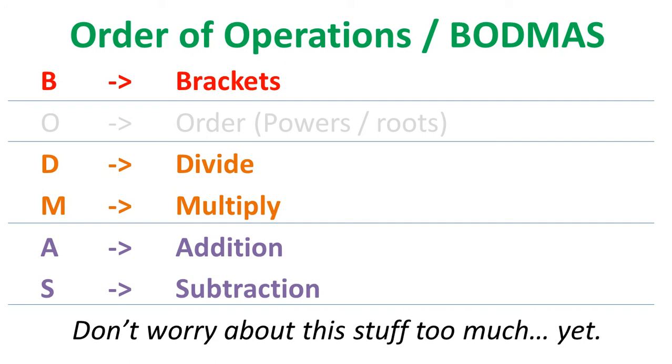So that's where PEDMAS comes from, or PODMAS. The order one you don't need to worry about, but divide, multiply, addition, subtraction. All this is about is which order arithmetic gets done in. But when we get into more about how brackets are used, that's when we'll talk about it more.